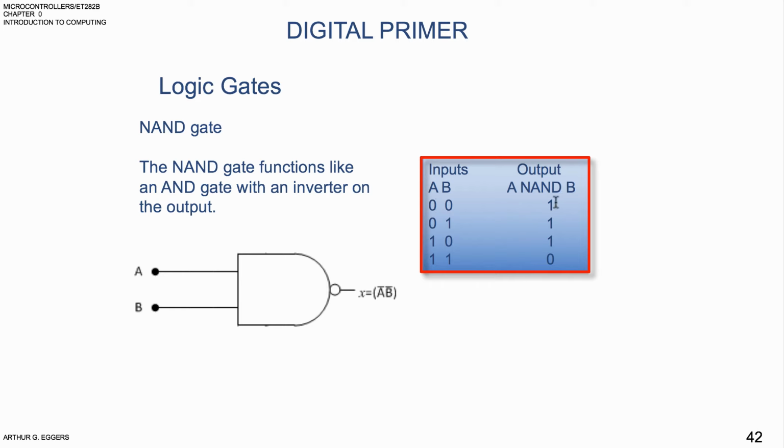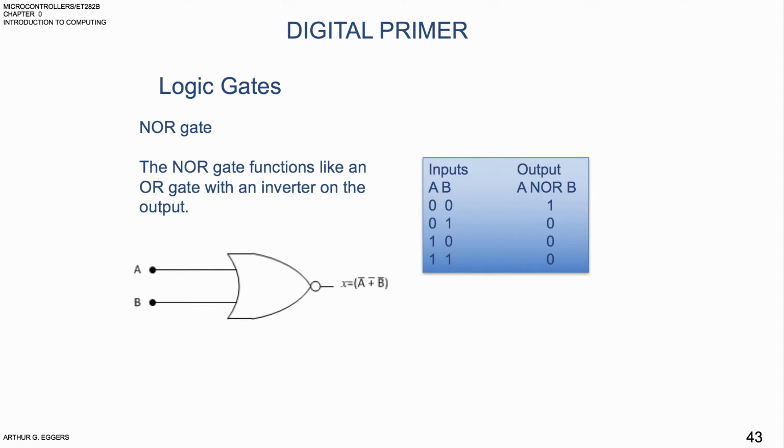The only time you get a high out is when any input is 0. If they're both 1s, that's the only time you do not get an output. The logic NOR gate again functions like an OR gate with an inverter. In this case, the only way that you can get a high is when both of the inputs are low. Every other case will give you a low at the output.